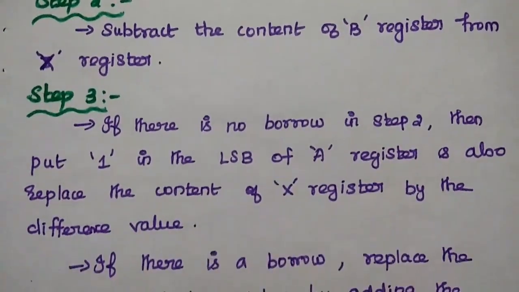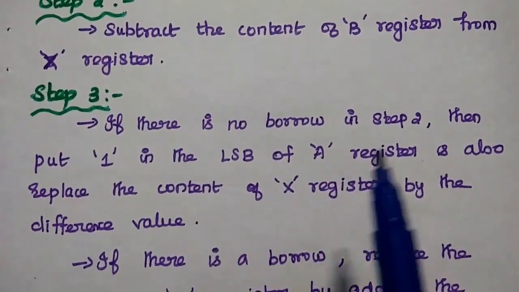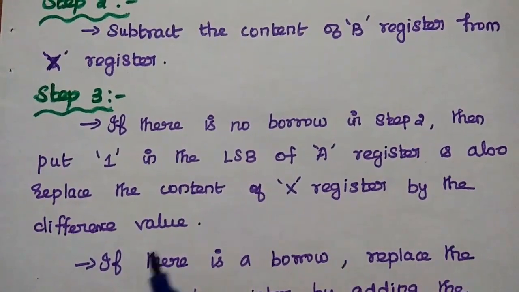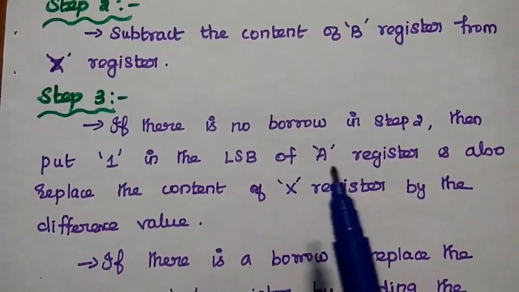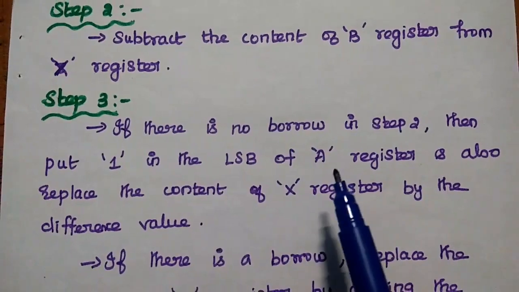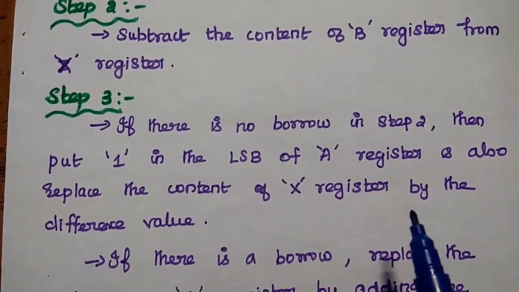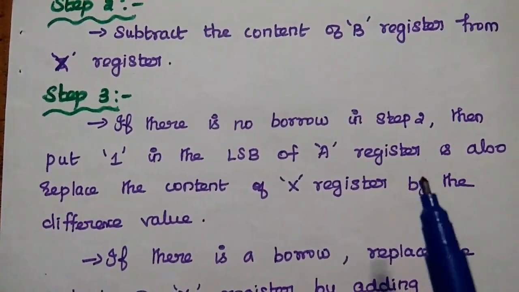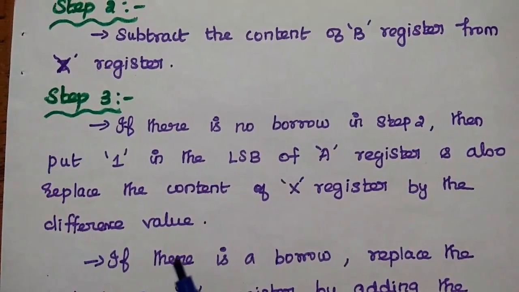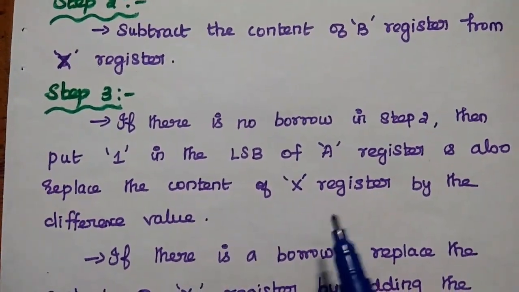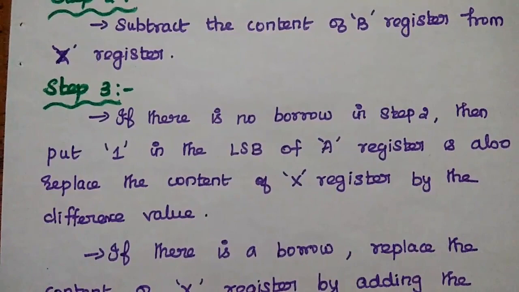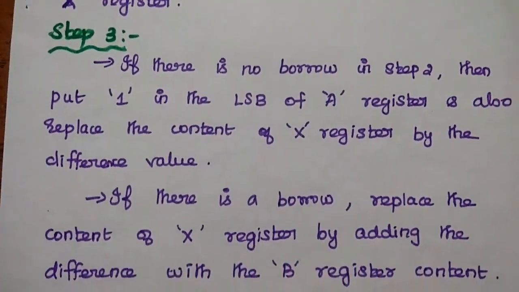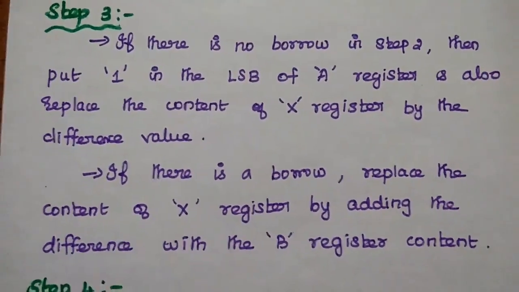In step 3, if there is no borrow in step 2, then put 1 in the LSB of the A register. A register means here it is the dividend. In the final step, it gives the quotient. And replace the content of X register by the difference value. By this way, we can restore that X register value.